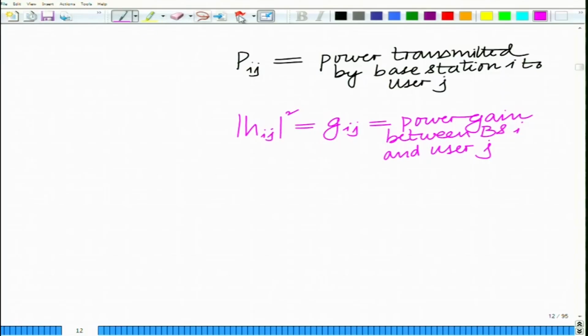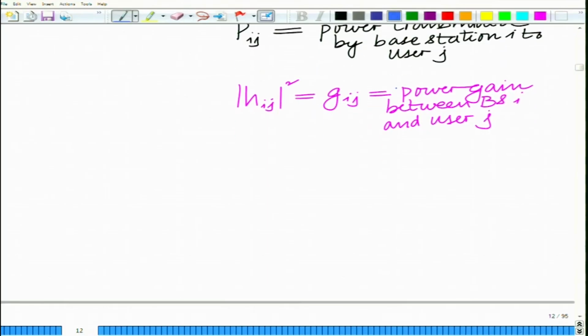And therefore, now if you look at the power that is received by each user, the power that is received by each user in this cooperative fashion is the sum of the powers that is transmitted by all the base stations. So I have summation i equals 1 to k Pi1 Gi1.